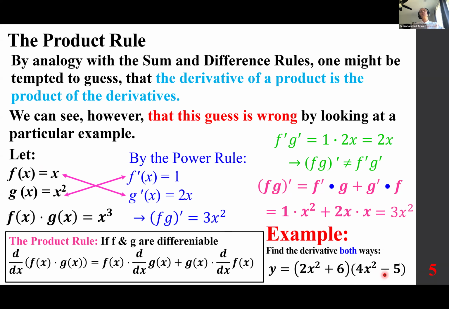y equals x squared sine x. This is the product of x squared and sine x. We put a raised dot in between to emphasize that. And therefore, f times g.